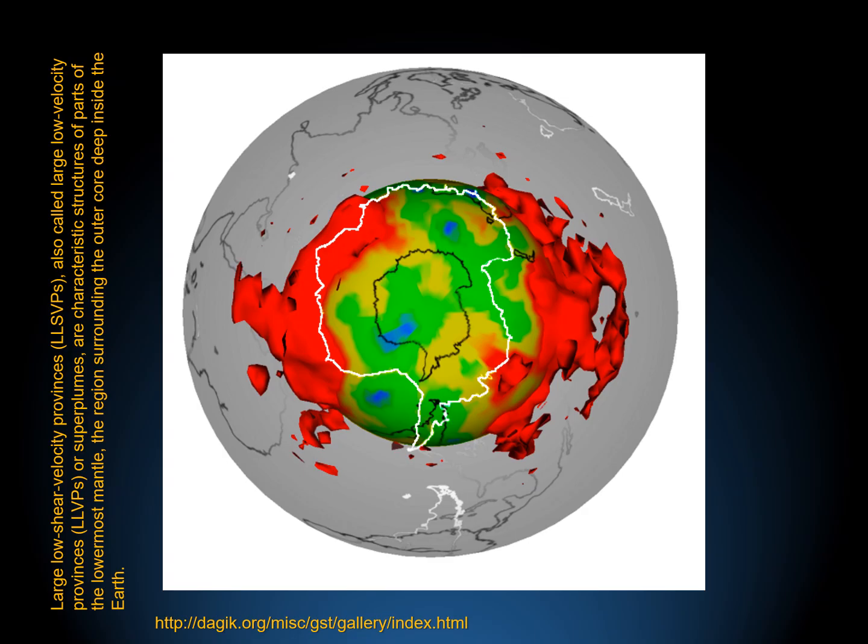Here is a different view of the same phenomena looking down directly onto the South Pole. This view lets us appreciate just how fragmented and broken the large low shear velocity provinces are.